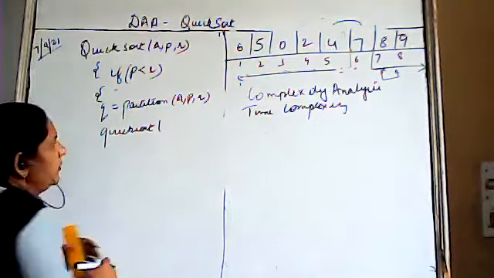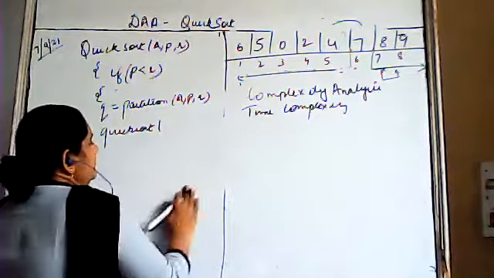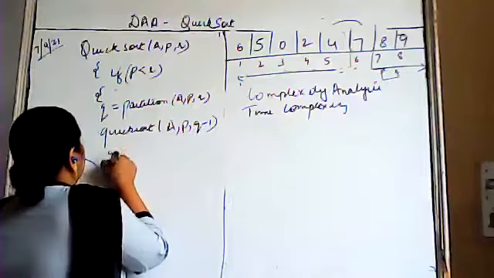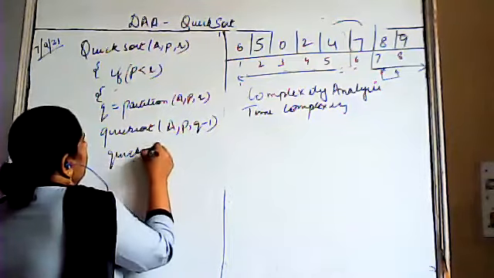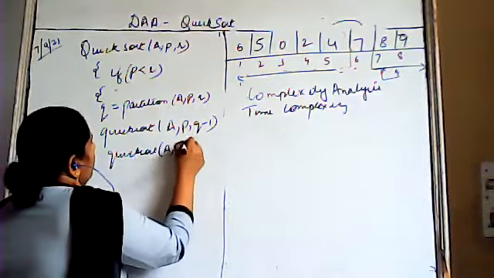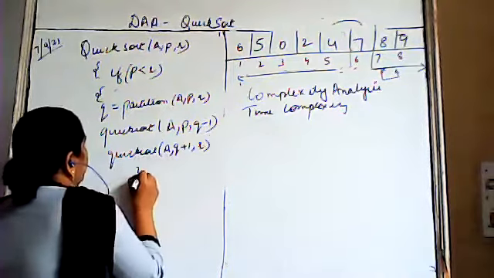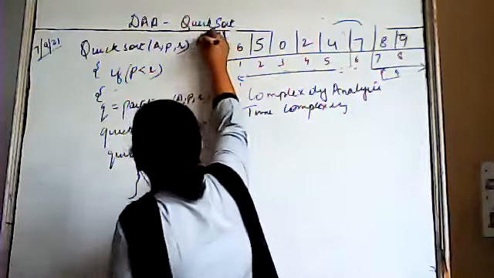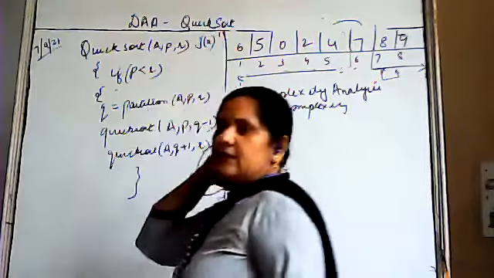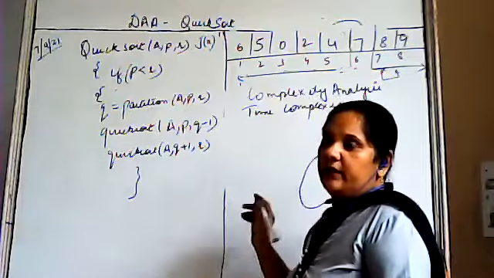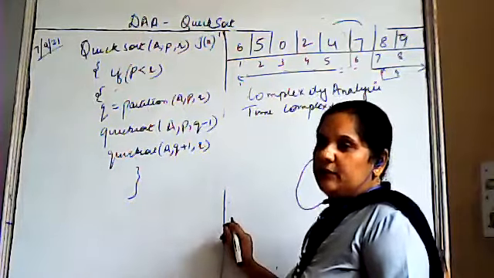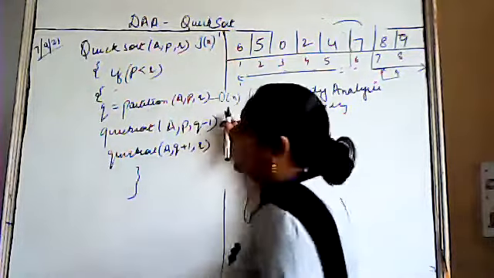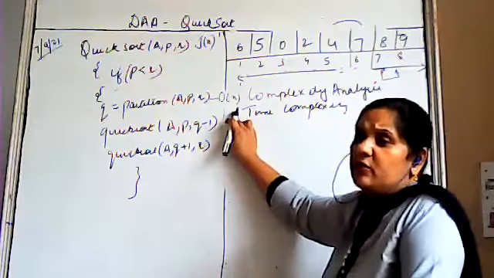So this will be roughly equal to T of n. T of n is the time taken by quicksort to sort n elements. Here the partition will also be performed on the n elements, so definitely the time would be O of n or some constant.